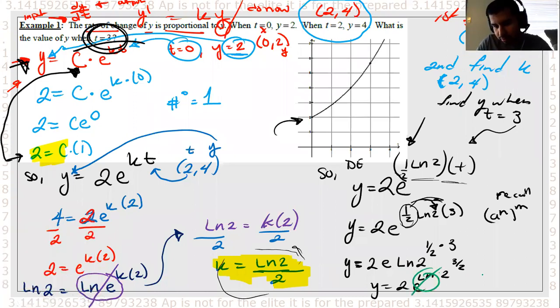So we can get rid of that. So our answer is y equals 2 to the 3/2.